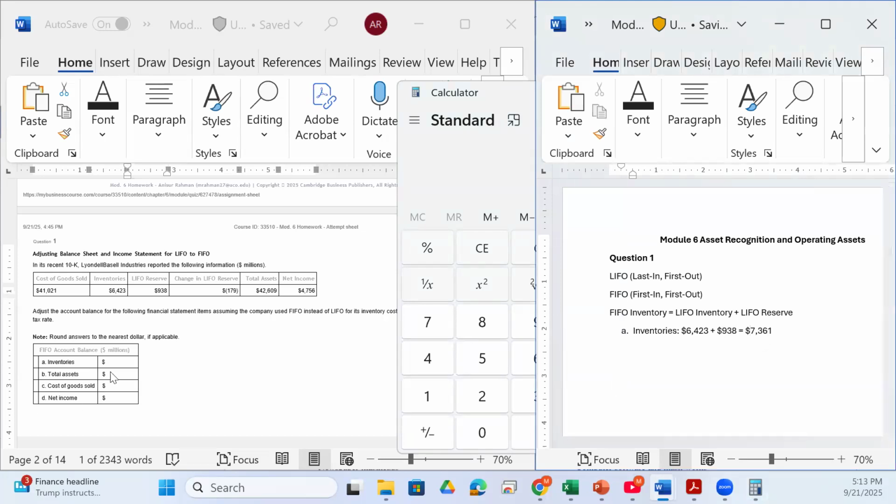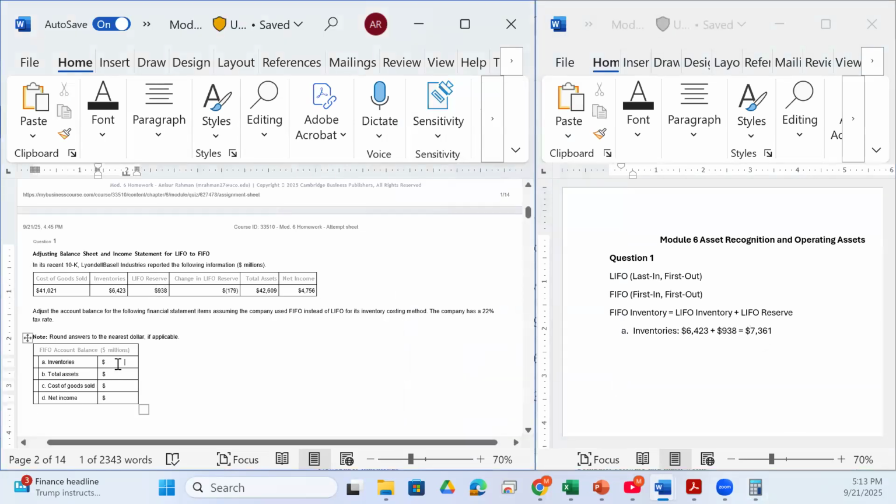So we are going to paste this number here.